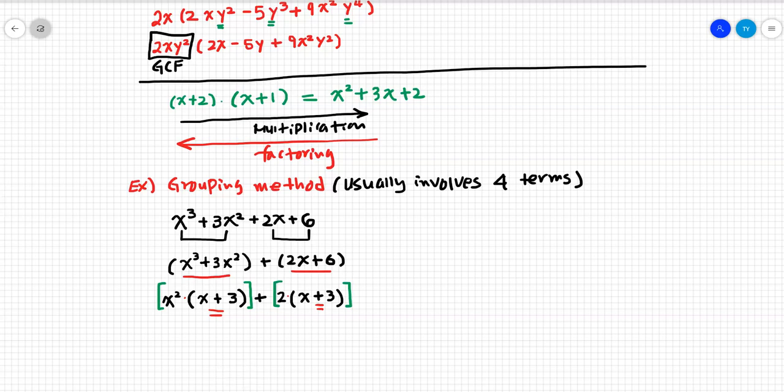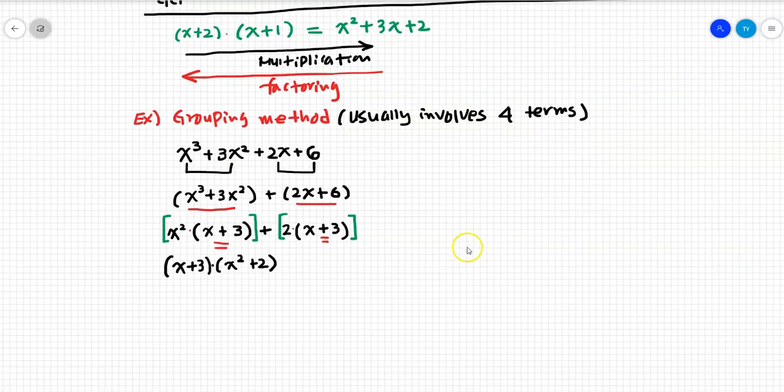So the common factor for these two green brackets is going to be x plus 3. And the remaining is going to be x squared on the first green bracket, and the 2 on the second green bracket. And now, as you can see, we have the factored form of x cubed plus 3x squared plus 2x plus 6.